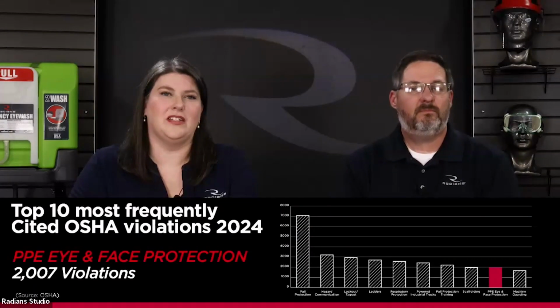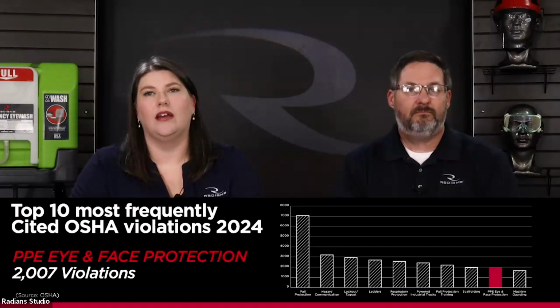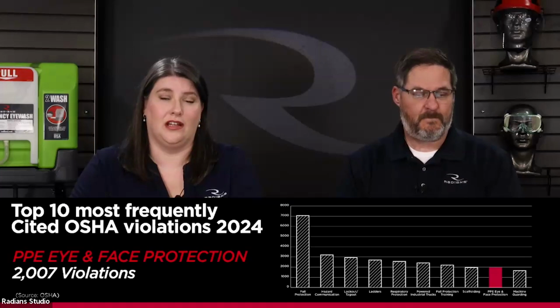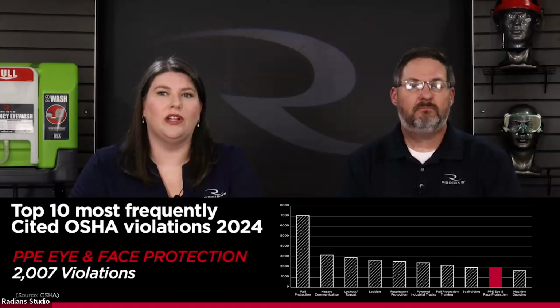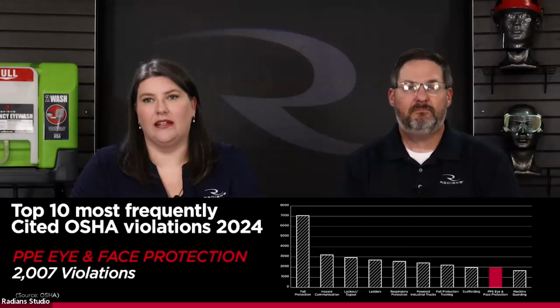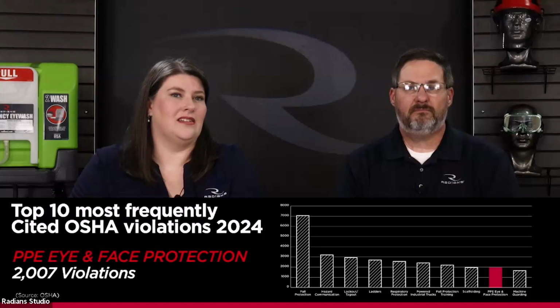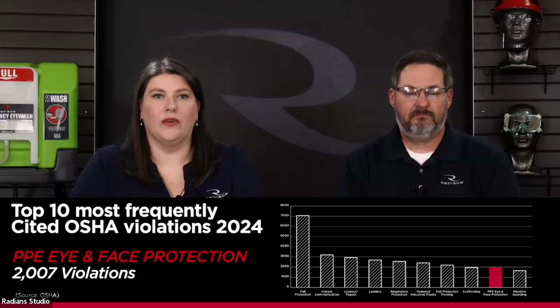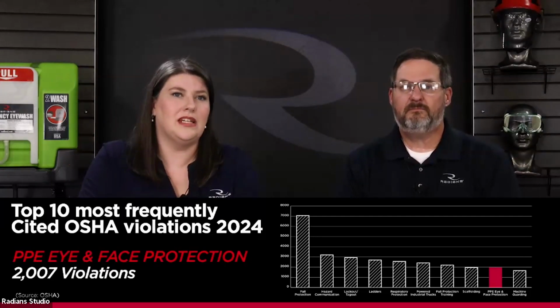So let's kick this off by talking about OSHA violations. Every year OSHA puts out this report, highlighting what their top citations were for that enforcement year. So in 2024, PPE eye and face protection actually was the number 9 top cited non-compliance issue with 2007 violations. Typically, you're going to find this type of citation bounces around within the bottom half of the top 10 every year.